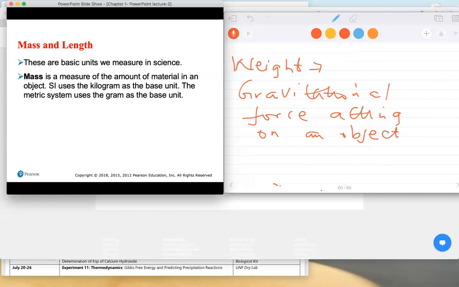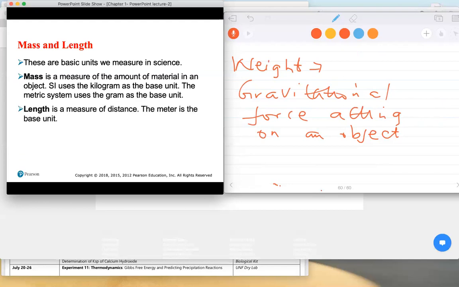Your weight on the moon is different from your weight on Earth, but the amount of matter will not change. The SI unit we use for mass is the kilogram.